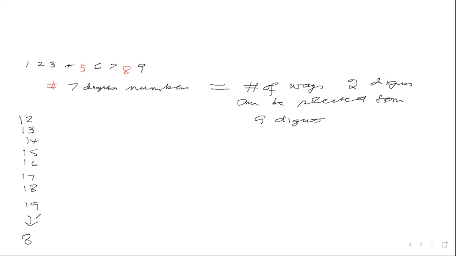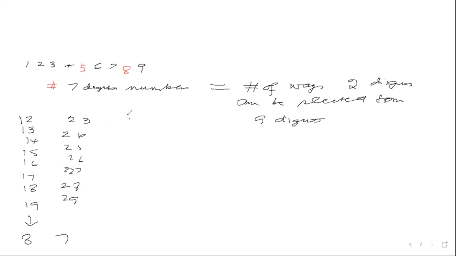Right? So there's just 8 of them. Now if you insist that 2 is the smaller one, you're not going back to 2, 1 now. Then you can have 2, 3, 2, 4, 2, 5, 2, 6, 2, 7, 2, 8, 2, 9. And there you have 7 of them.